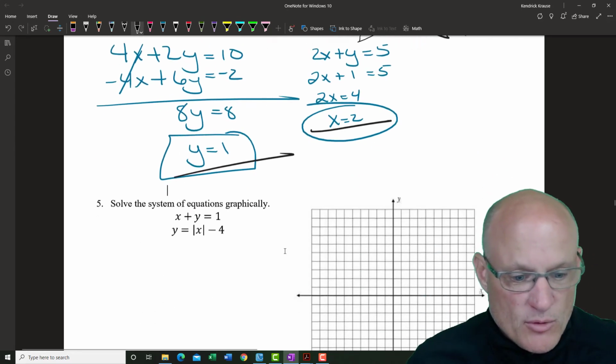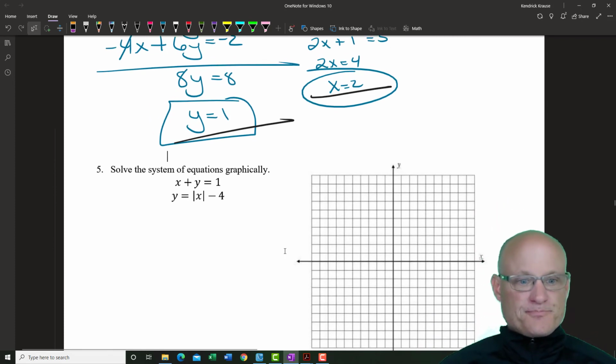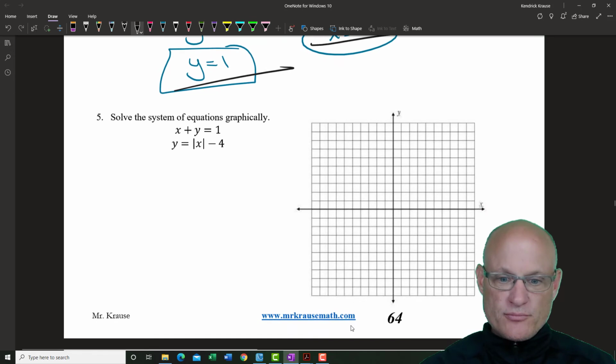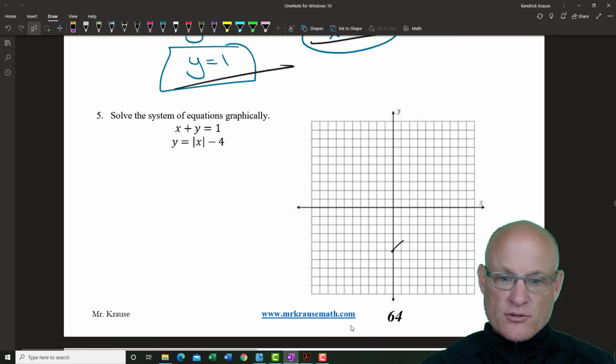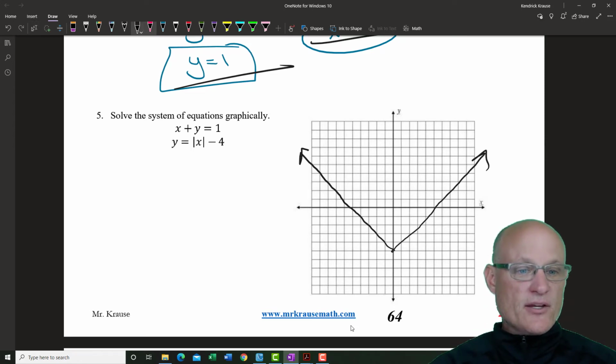All right, one more. Oh, we got a few more. All right, a little more practice. Well, I know what the second one looks like. So that's going to hit all the corners of all the boxes going up this way. And this one's going to hit all the corners of all the boxes going this way. And then this one, because the vertex here is 0, -4.